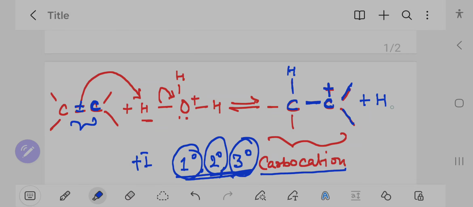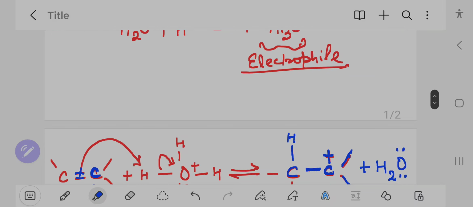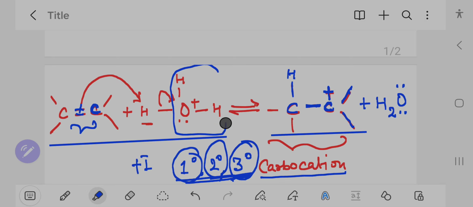This is the first step of the mechanism, which is the protonation of alkene to form a carbocation by the electrophilic attack of this hydronium ion.